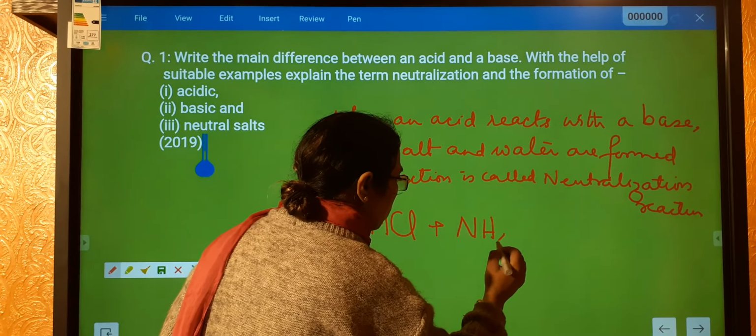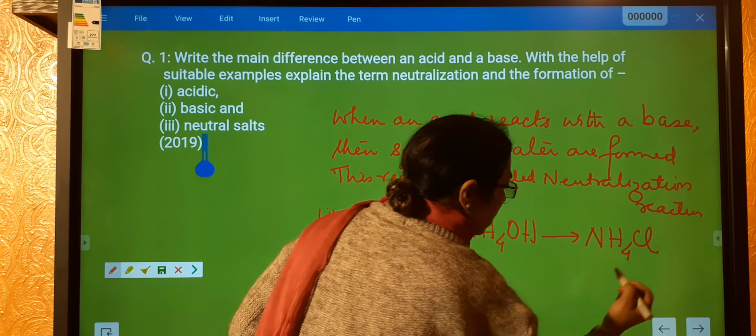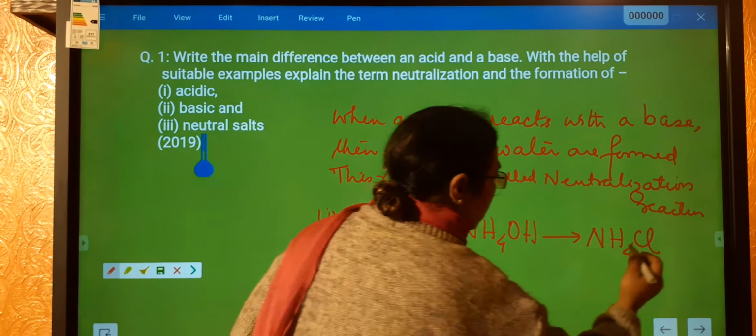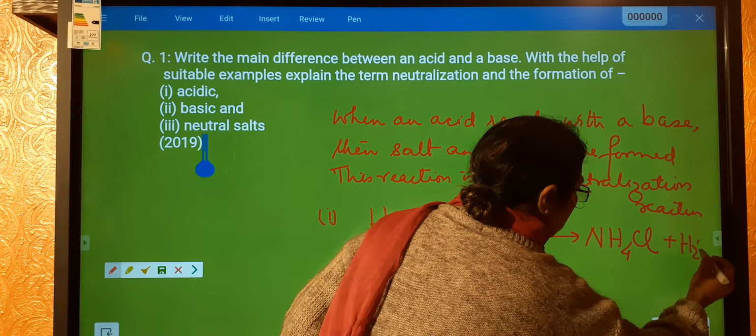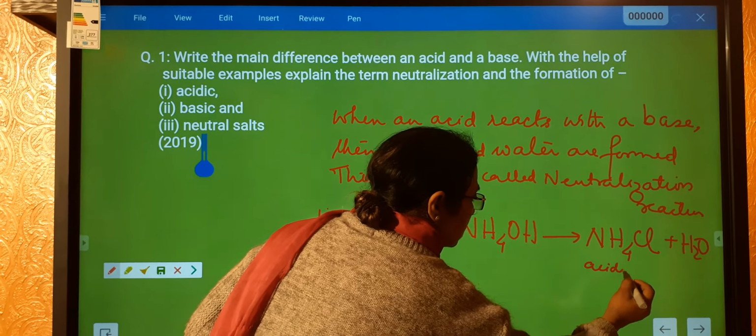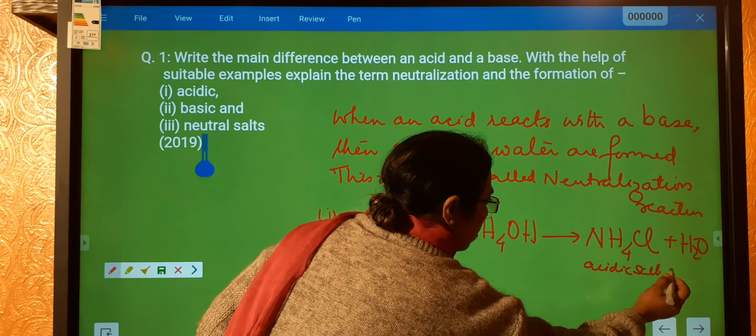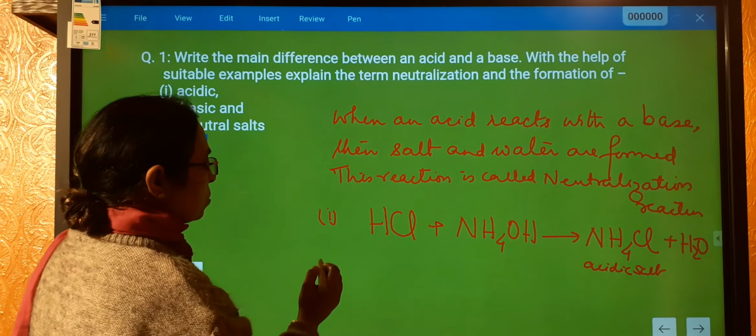The salt is NH4Cl, ammonium chloride, plus HOH, that is H2O. This is the acidic salt. Why? Because it is made from a strong acid.